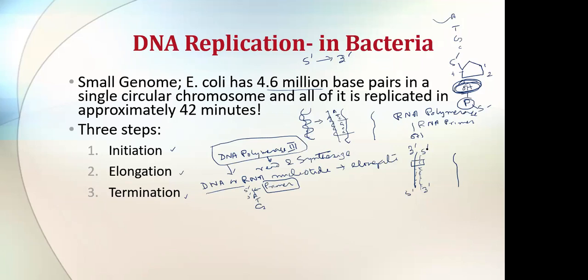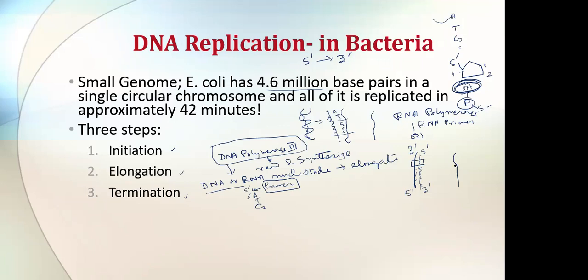So that's how it goes, always from 5 to 3. So to synthesize that 5' to 3' complementary strand, the template strand must run from 3' to 5' direction, right? Because this is the complementary strand.